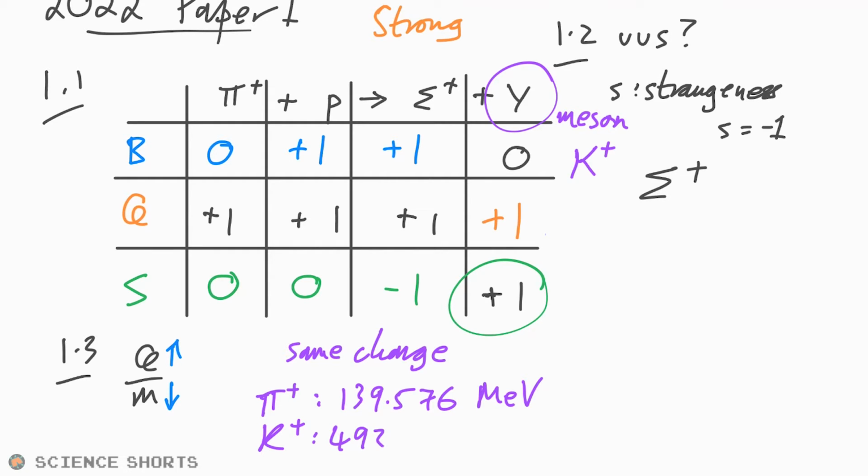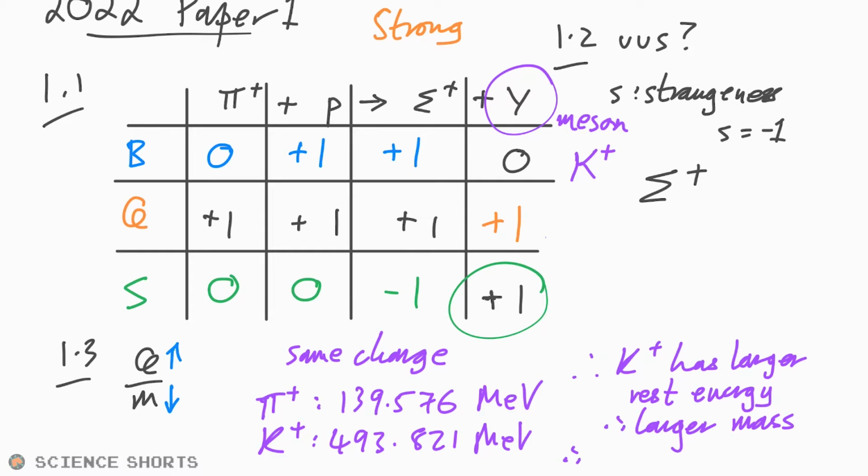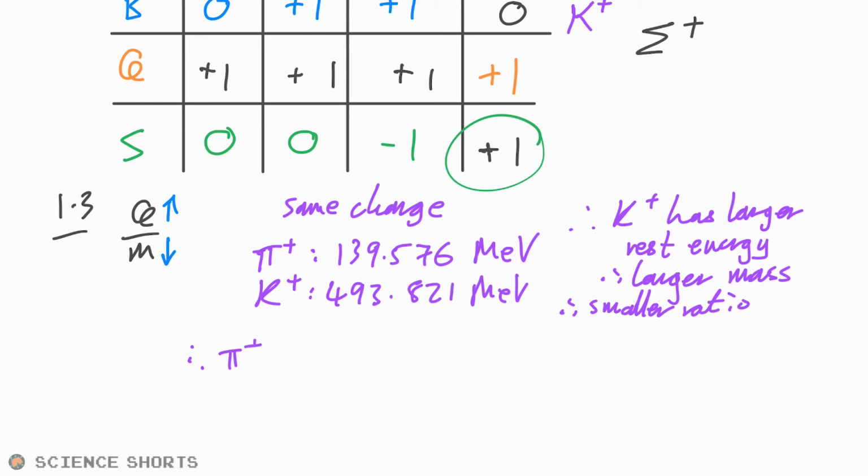So 493.821, not that we care about the points, but there we go. So therefore, K plus has larger rest energy, therefore larger mass. Therefore, if it has a larger mass, it's going to be a smaller ratio. Therefore, pi plus has larger charge to mass ratio.